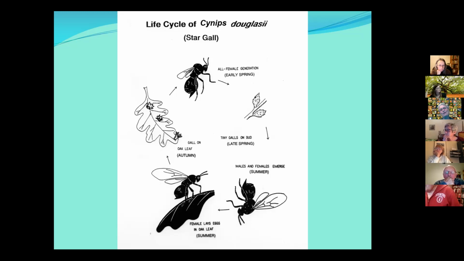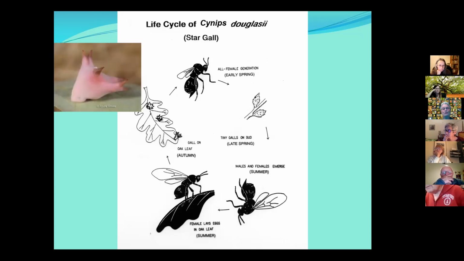So we've put it on Cynips douglasii, the star gall. This is a pink star, and we'll show you that's the one. We call it spiny turban, is what you'll see in Ron Russo's book. It looks sort of star-shaped. It's beautiful, and it's bright and pink.